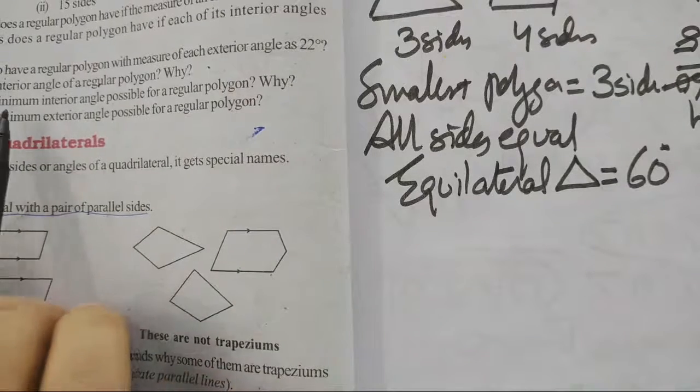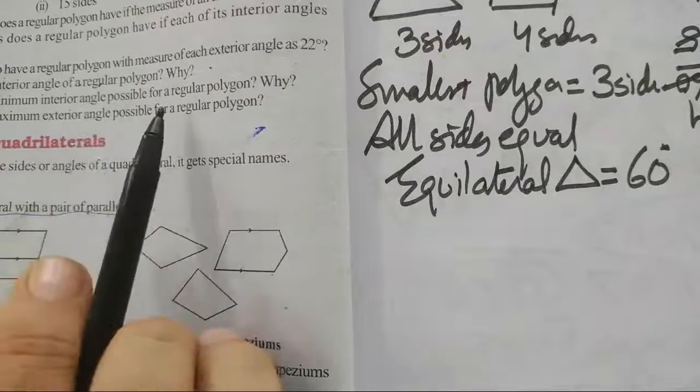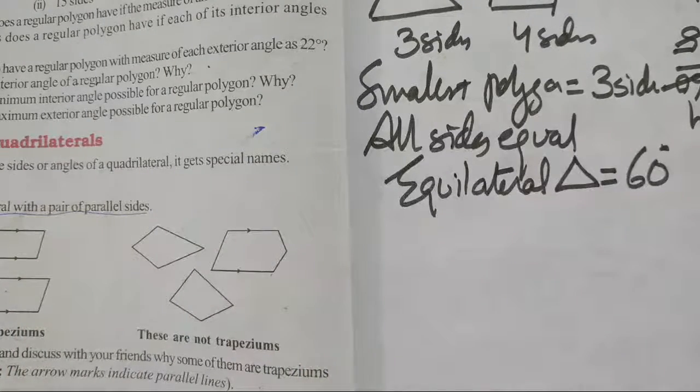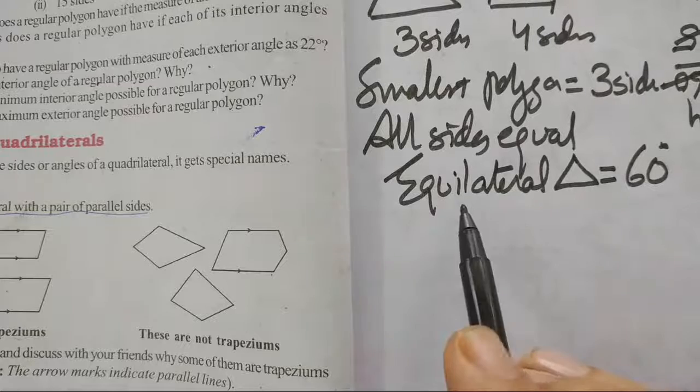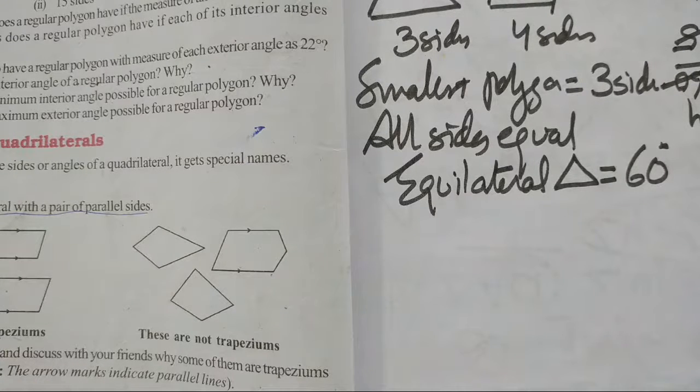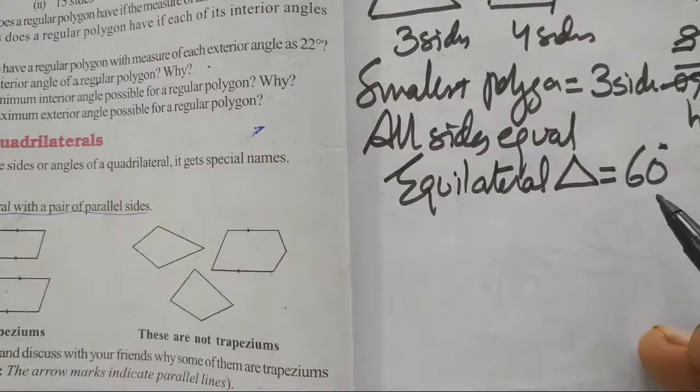Therefore, what is the minimum interior angle possible for a regular polygon? It should be 60. And what will be the exterior angle of this figure? It will be 120. So the minimum exterior angle will be 120.